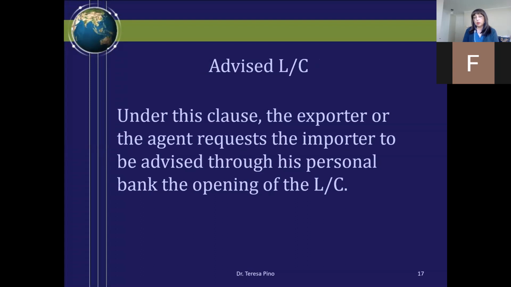So if the personal bank is going to be part of the picture, the importer has to know this because he informs the opening bank and the opening bank has to consider the 100% of the cost of this transaction. So the fee has to be included. And this is one of the figures on an advice letter of credit, informing the exporter that the letter of credit is open. It's just information.